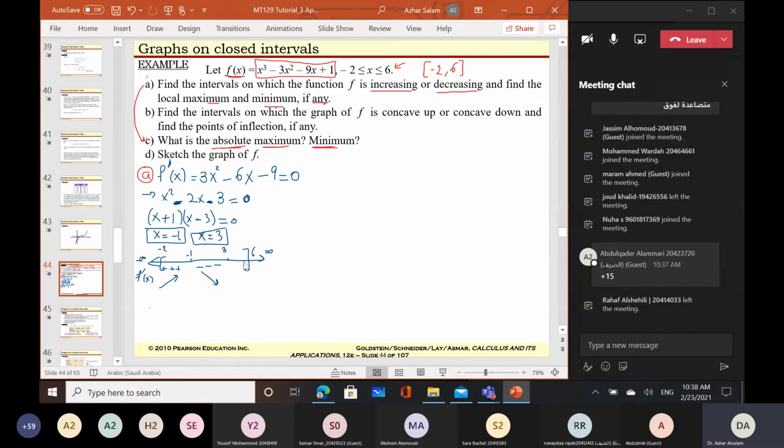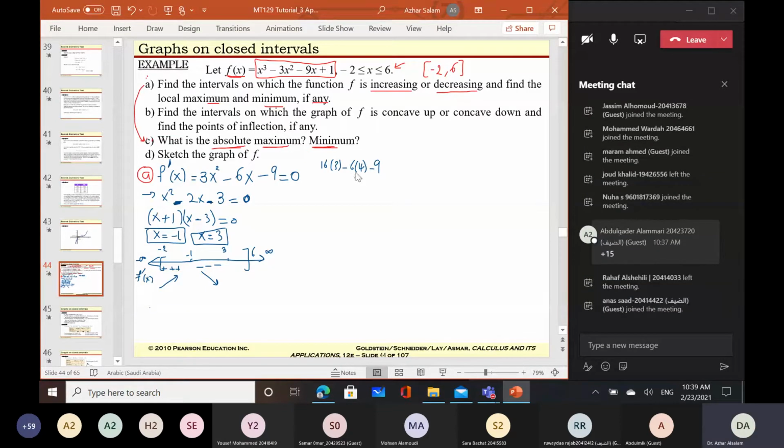For example, if I test at 4, 4 squared is 16 multiplied by 3, minus 6 multiplied by 4, minus 9. Is it positive or negative?